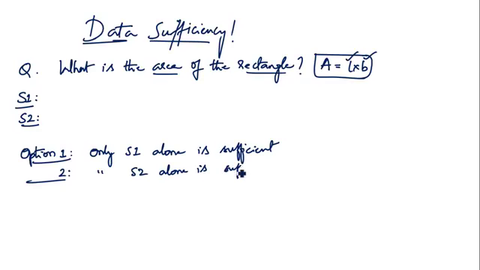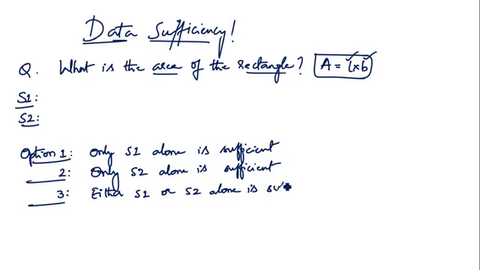Option 2 states that only statement 2 is enough to answer the question. Option 3 is either statement 1 or statement 2 alone is sufficient, right? Either statement 1 alone or statement 2 alone is sufficient.